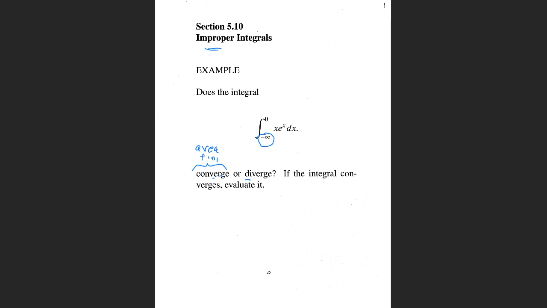The area between the function, and in this case, the function is x times e to the x power. You'll see a picture of that function, and we want to know if the area between that function and the x-axis going from negative infinity to 0 is finite.